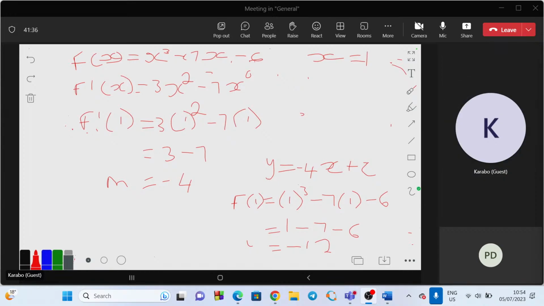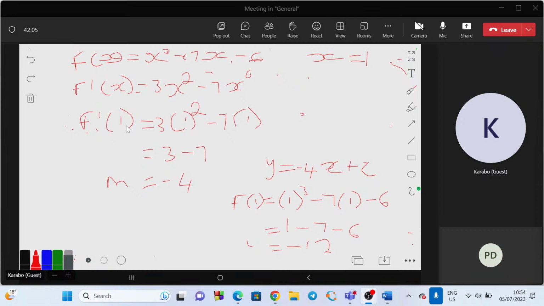Okay, let me check. The first part, f prime of x is 3x squared minus 7x to the power 0. Remember this is minus 7x. X to the power 0 equals 1, which means your equation was supposed to say 3x squared minus 7 only. Then after that you say f prime of 1.